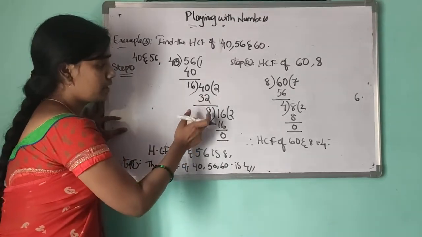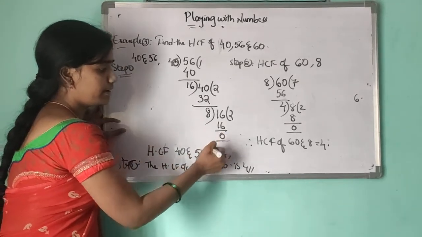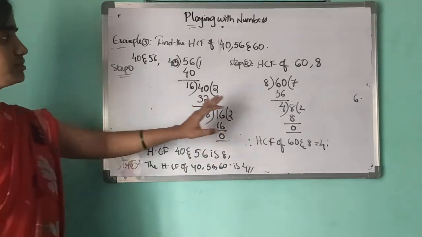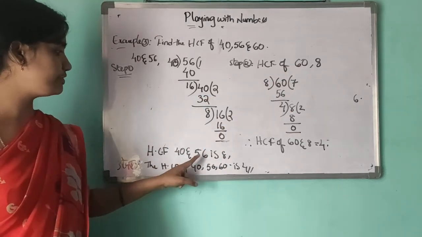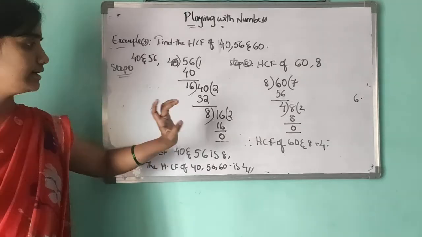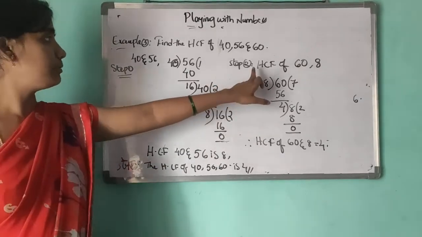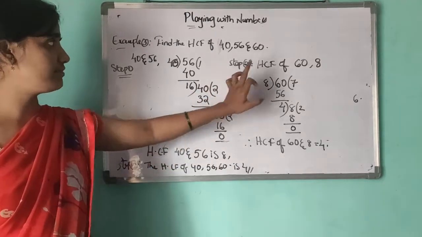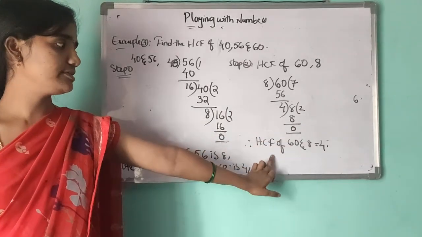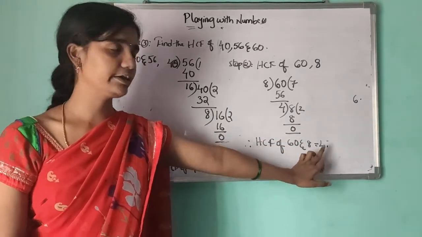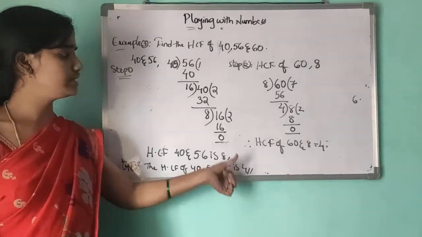Here also the same: the previous divisor is divided by the remainder, and you get the remainder 0. So the HCF of 40 and 56 is 8. Coming to step 2, we find the HCF of 60 and 8, and we get the remainder 4. So the HCF of 40, 56 and 60 is 4.